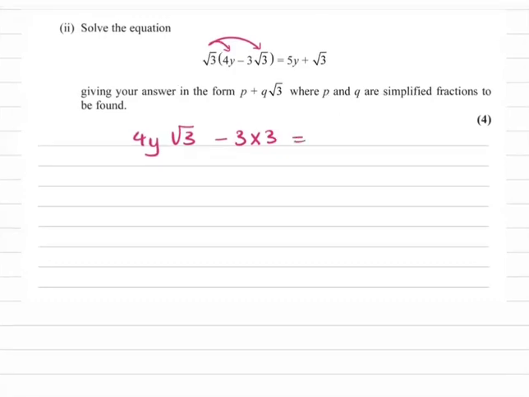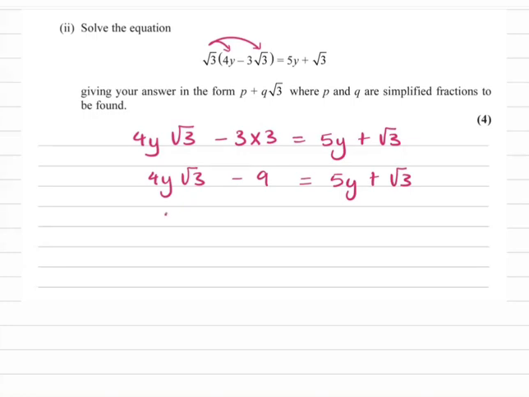On the right-hand side of my equal sign, there is no expansion, nothing to simplify, nothing to collect, so it remains exactly the same. I'm just going to simplify this. 4y√3 minus 9 gives us a 5y plus a √3. So this is what we have so far. Now it's time to execute our first step, collect your like terms with the variable to one side.